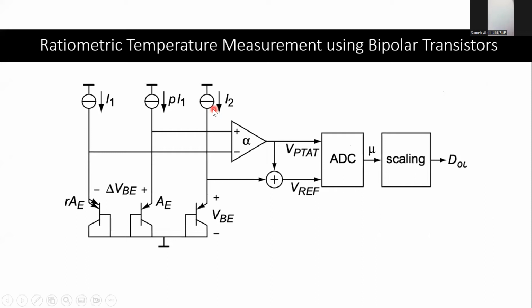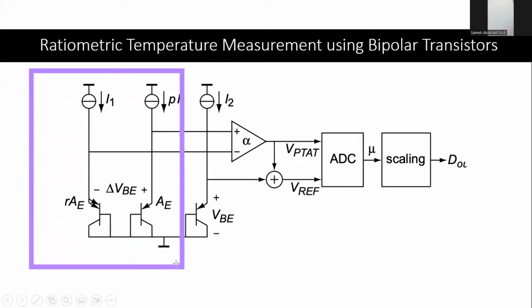Okay, so this is the updated circuit. As you can see, my dear students, first of all, we still have the same sensor concept here. What is inside the box is identically the same as what we already saw in the previous slides, but with a minor change.